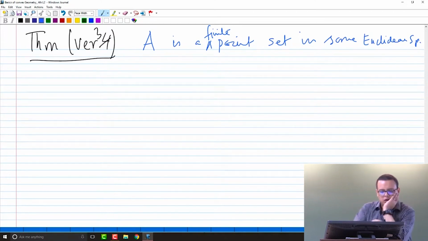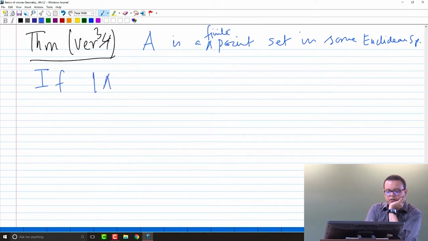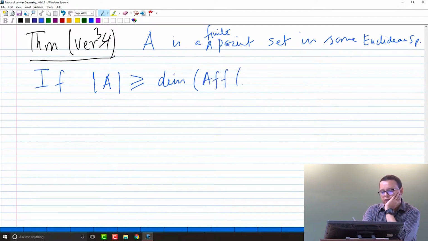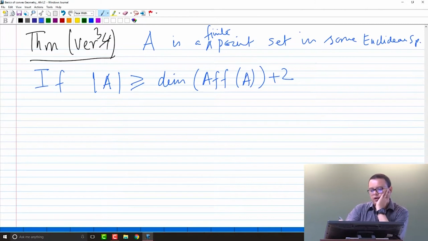Now, I want to say if the size of A, the number of points in A, is greater than or equal to the dimension of the affine space of A plus 2, then Radon theorem holds.